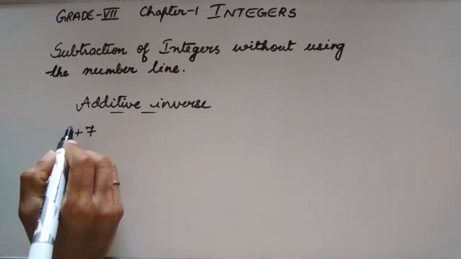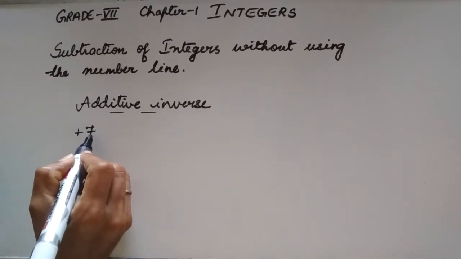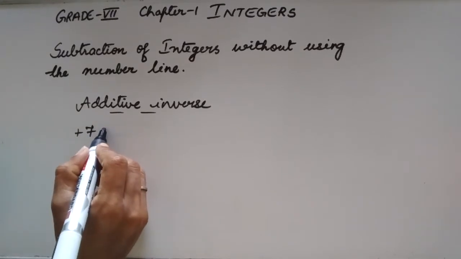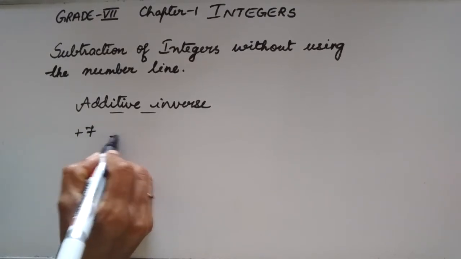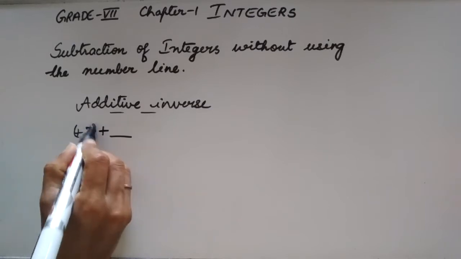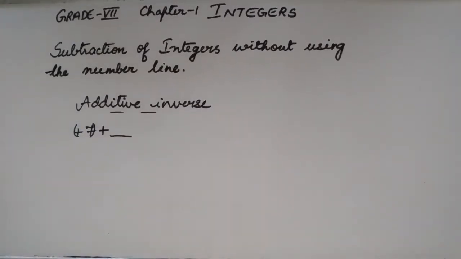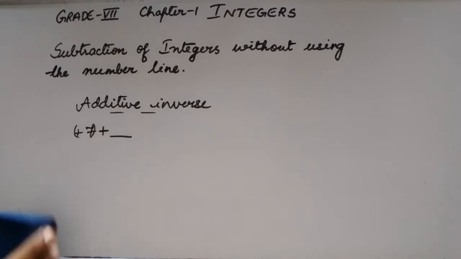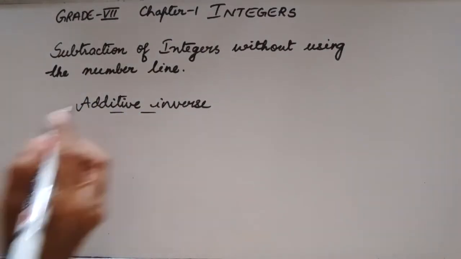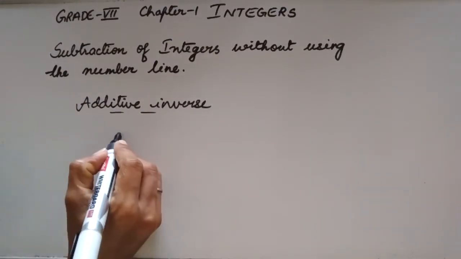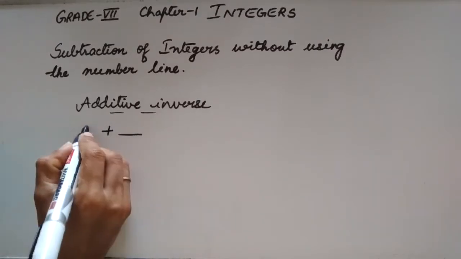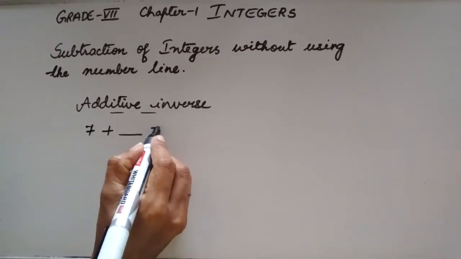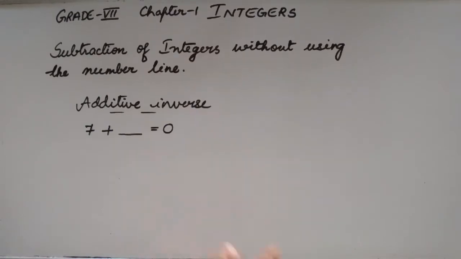So which number should I add to 7 so that the result will be 0?